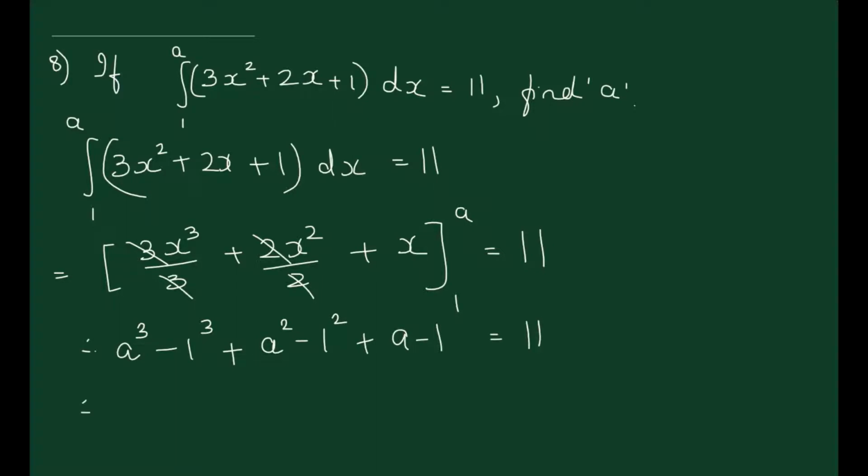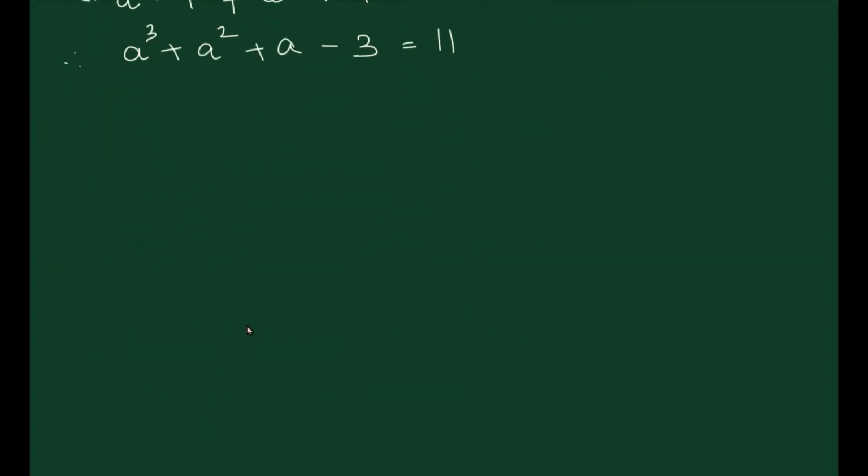So we are going to get a cube plus a square plus a minus 3 is equal to 11, or taking everything on one side, a cube plus a square plus a minus 14 is equal to 0.